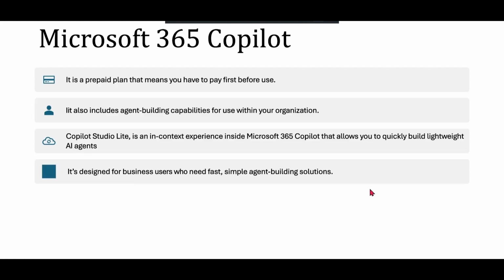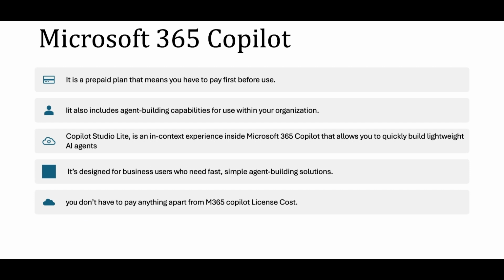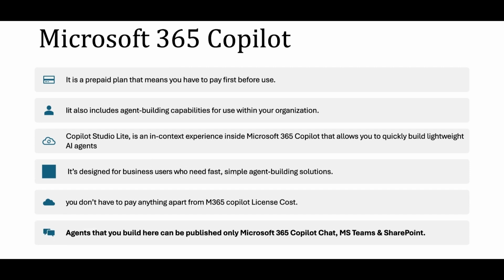It is designed for business users and small teams who need a fast, simple agent building solution. You don't have to pay anything apart from the Microsoft 365 Copilot license, which is $30 per user per month. Agents that you build can be published only to Microsoft 365 Copilot Chat, MS Teams, and SharePoint.